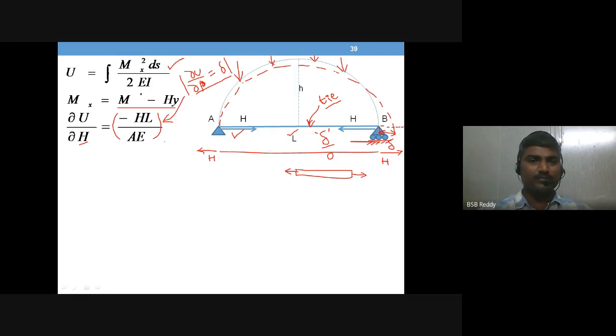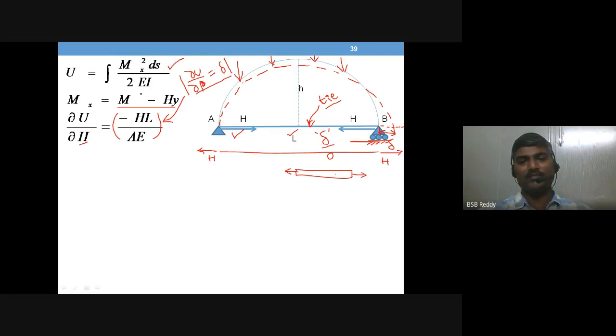And for delta, you know that the force acting here is a tensile force. So delta is like an axial load. So delta from axial load is PL by AE.